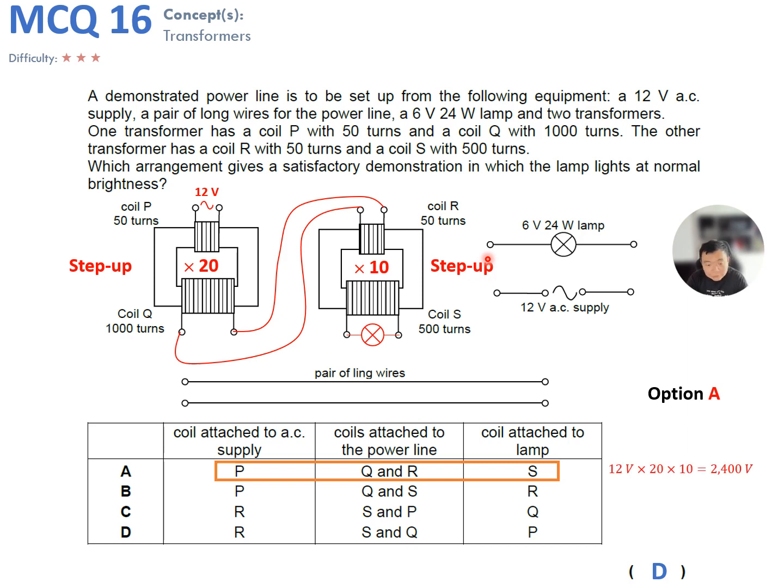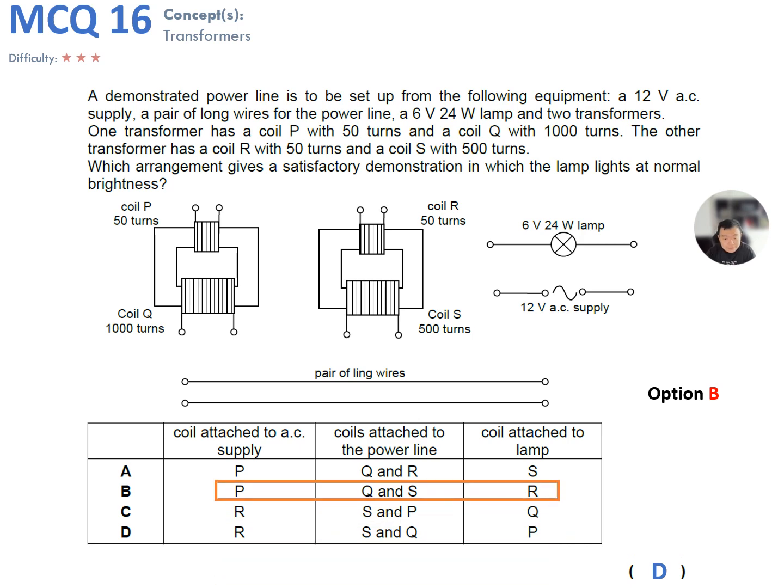If we do the sum, we have an input of 12 volts and we step up by 20, so we multiply by 20, then we further step it up again by 10, multiply by 10. So 240 volts will be the voltage across coil Q. 240 volts applied to here, multiplied by 10, will get us 2400 volts. The lamp will burn because it's meant for 6 volts, not 2400 volts.